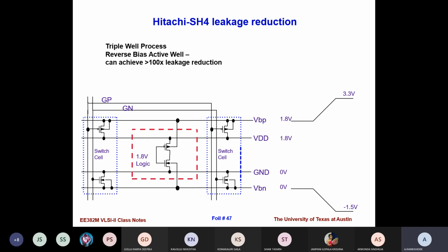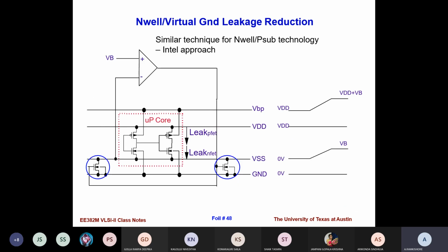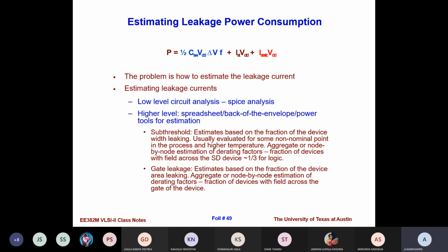Those are operated in between the VDD of the P-type transistor and the VDD of the N-type transistor, so they operate similarly between these voltages. Based on these types of techniques, we have to successfully estimate the leakage power consumption, and also reduce the switching capacitance by switching capacitance minimization.